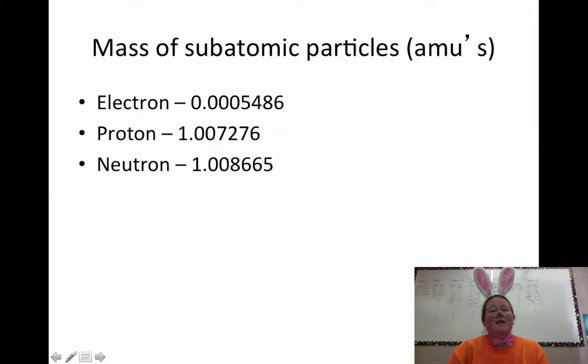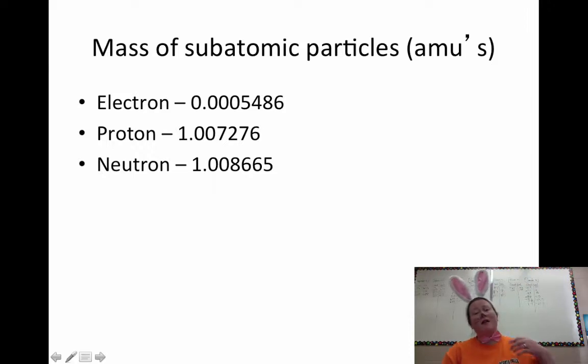When you look at the mass of our subatomic particles in atomic mass units, you see that an electron is very, very small. Just like in our previous discussion on isotopes, when I gave numbers in grams, it was something times 10 to the negative 28th. Protons and neutrons are about the same size, and they're close to 1. So for all intents and purposes, you don't need to memorize these numbers.